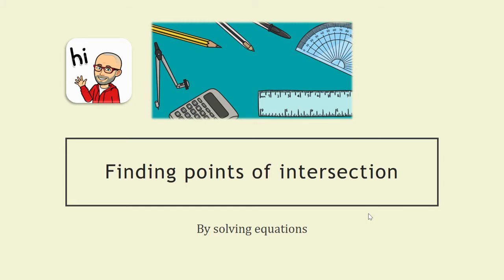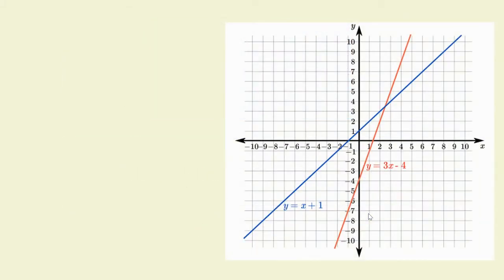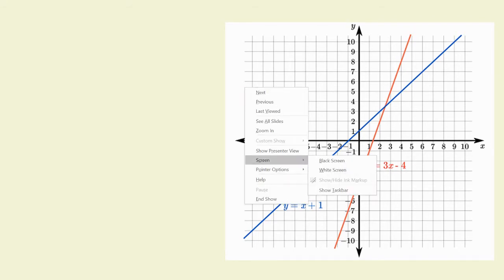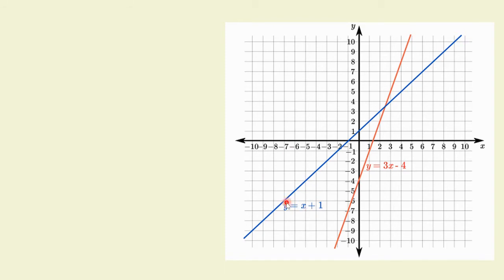Let me just start off with a bit of an example. So on the graph we see here on the right hand side, I've got the blue graph, which is y equals x plus 1. So the gradient there is 1. For every run of 1, I get a rise of 1. And if I just bring in my laser pointer, we can see if I'm down here, if I go across 1, I get a rise of 1.